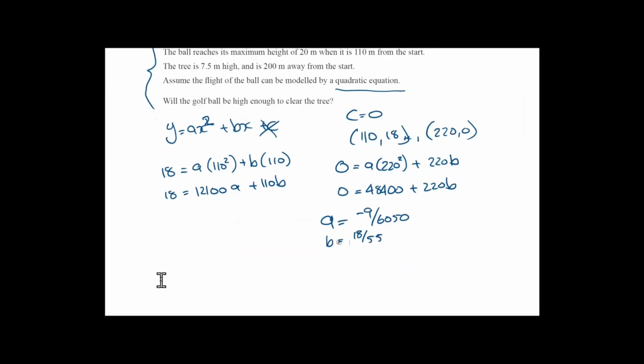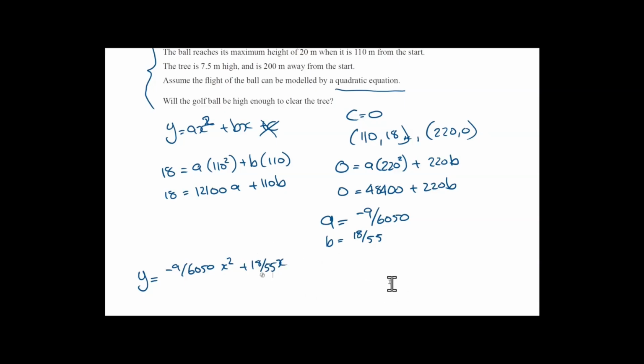So our parabola is y equals negative 9 over 6050 x squared plus 18 over 55 x plus 0.